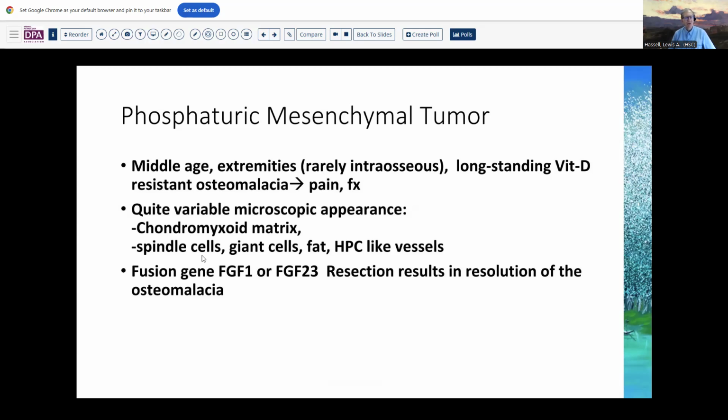In addition, it's mostly spindle cells, rare giant cells, maybe some fat, and some ectatic thin-walled HPC-like vessels. Importantly, this has a fusion gene that's either fusing FGF1 or FGF23 with a fusion partner. And once it's been resected, the osteomalacia typically is completely resolved and you'll have relatively normal structures.